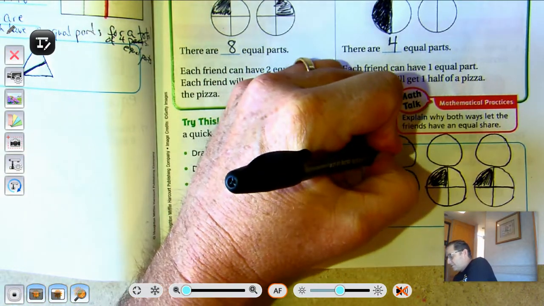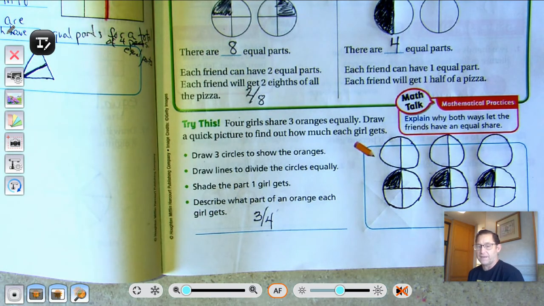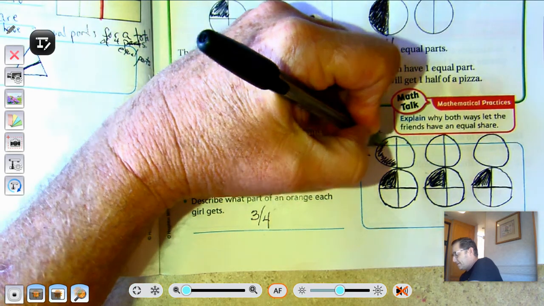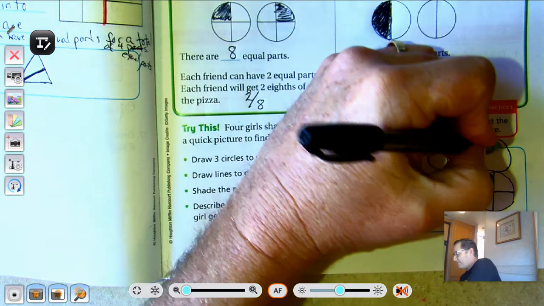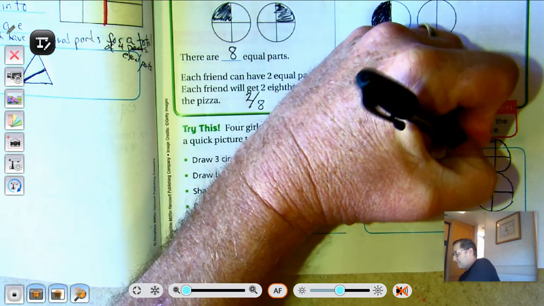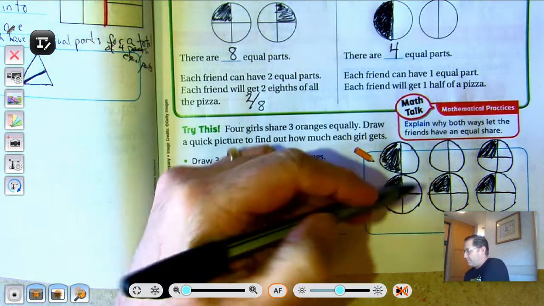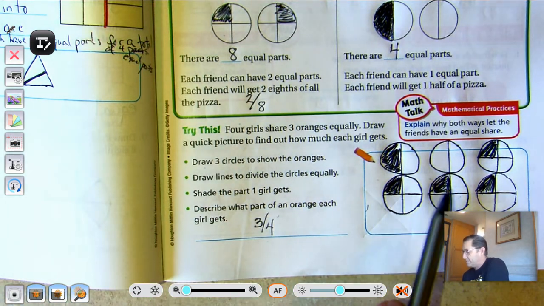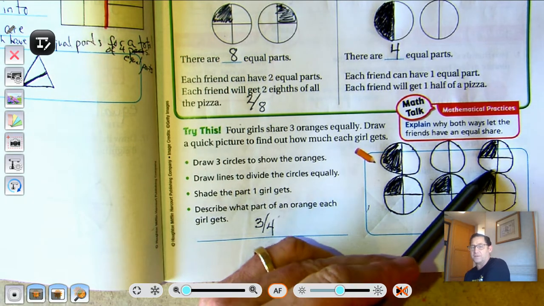Well, we could still share 2 oranges like this, okay, where one girl would get half an orange, and then we'd have to share the last one in pieces of 4, okay? But if you can look at this visually, if we put these 2 together, that would be this half, right? And this would be the same, okay?